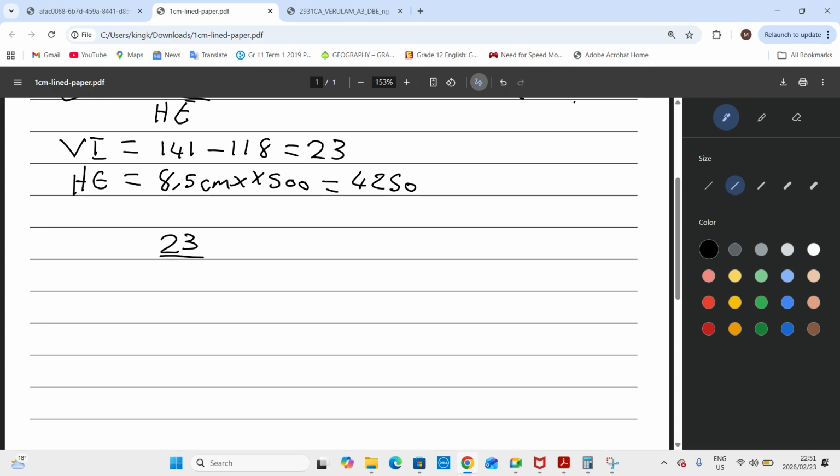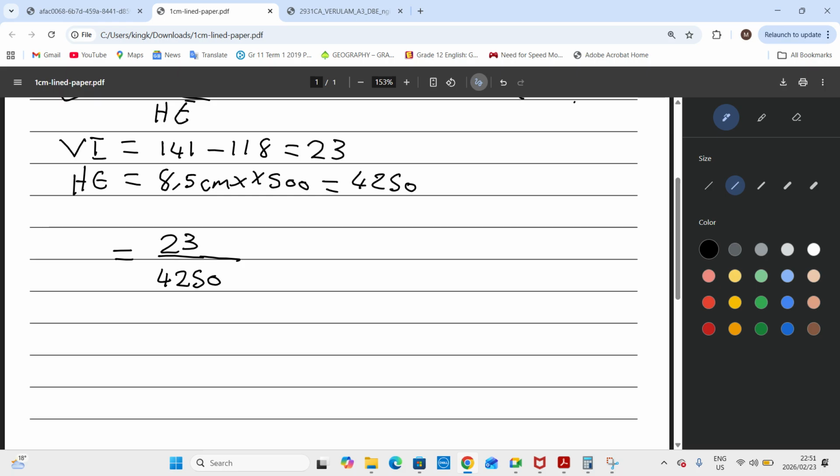23 over 4,250. Now, mathematically, this is possible when you are doing maths at a higher grade. But if you are at a primary level, you will be told that a bigger number cannot divide a smaller number, and that is the level at which you and I are operating. Primary level, where this is impossible.